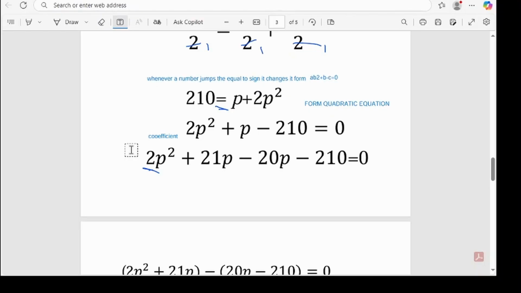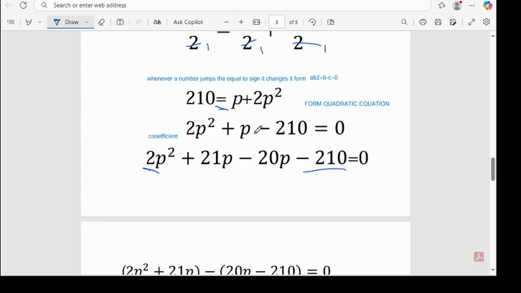So you multiply the leading coefficient and the constant term. The constant term is negative 210, right?